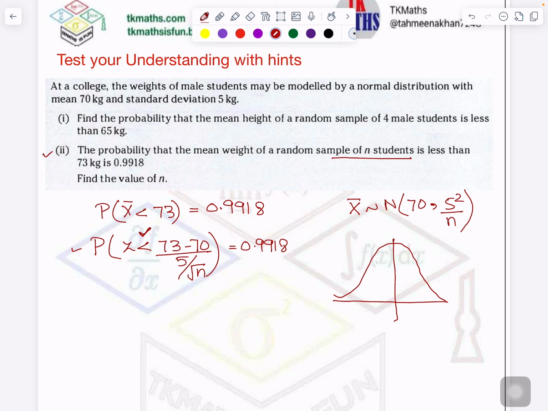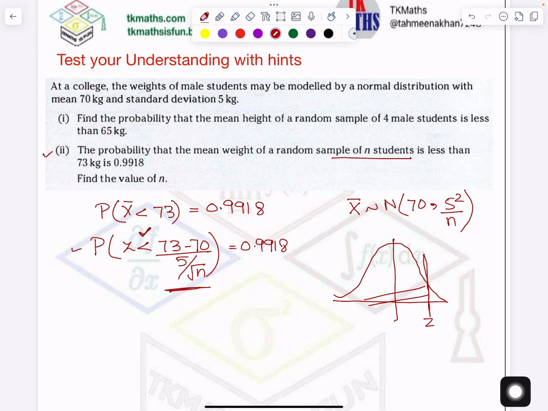Students mostly do not write it there. They just do it directly here without this symbol. And I will tell you what problem occurs at times. So the left-hand side area is 0.9918 for this value of z. Now 0.9918 is 99%. So if the left-hand side area in the bell-shaped diagram is 99%, it means this value of z will be somewhere here and it will be positive, right?